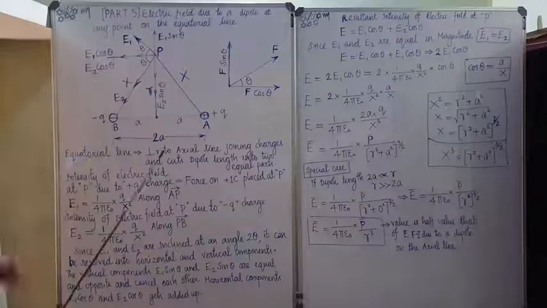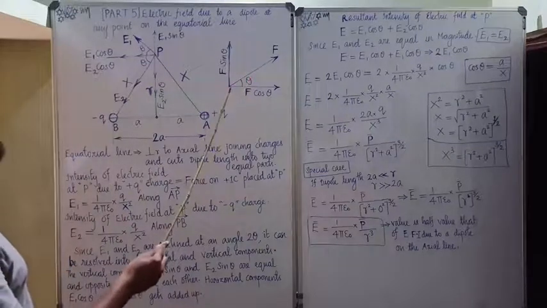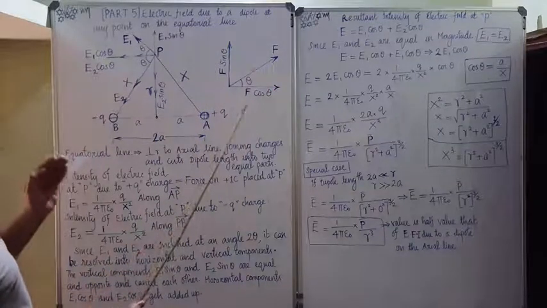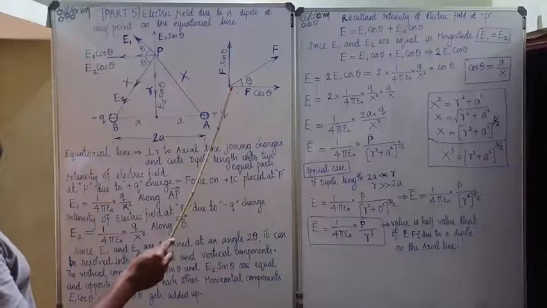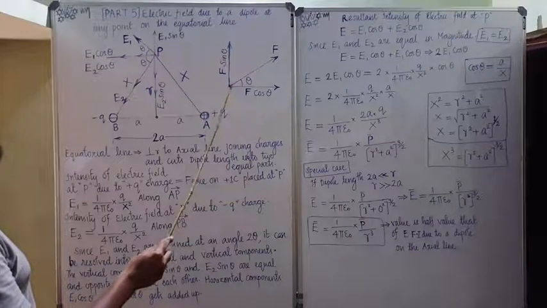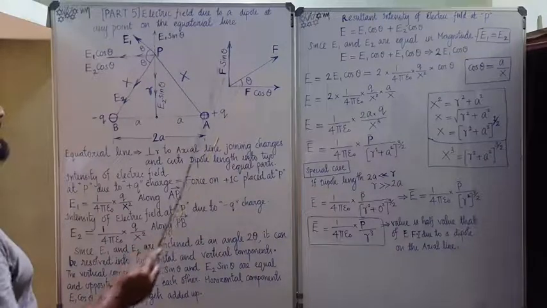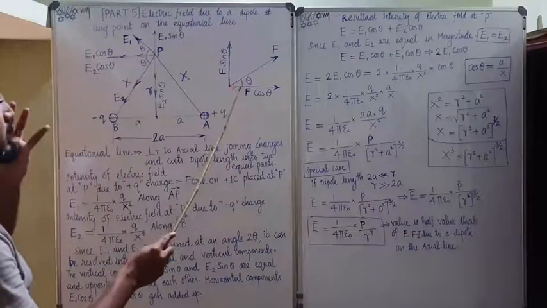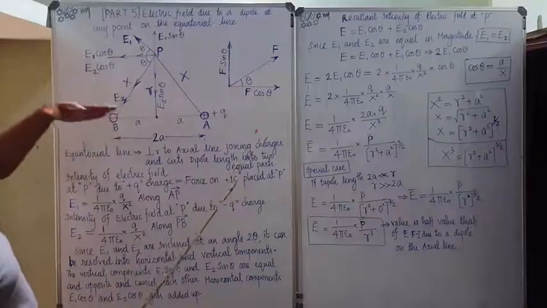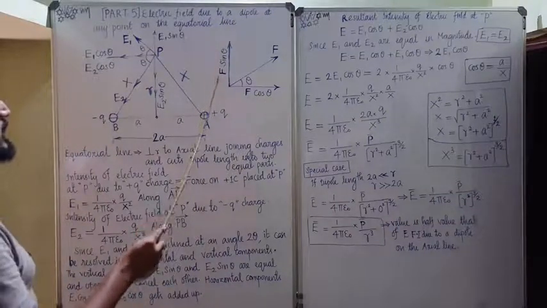And then comes the resolution. I will brush up the whole thing which is to be understood. This is the y-axis, this is the x-axis. If a force makes an angle theta with the x-axis, then the remaining angle is 90 minus theta. We resolve the force into two components, a horizontal component and a vertical component.